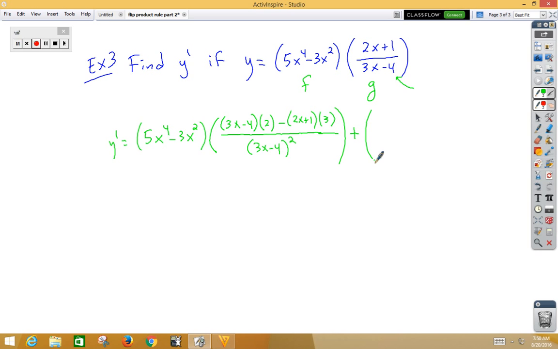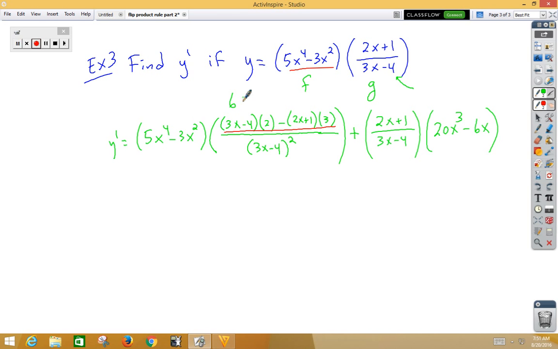plus our second function, 2x plus 1 over 3x minus 4, times the derivative of our first function, which would be 20x cubed minus 6x. I certainly would simplify the numerator over here.